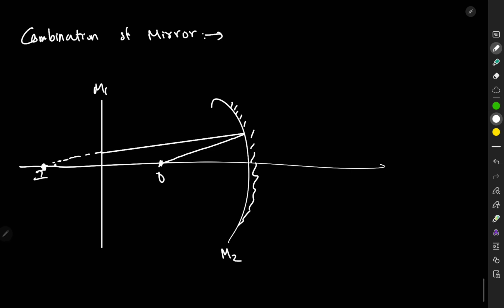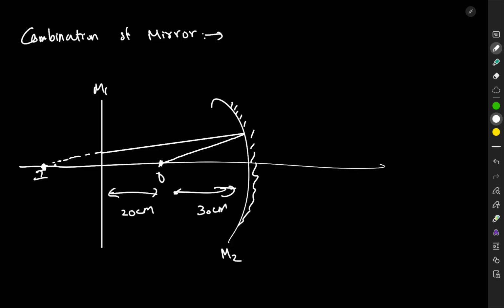Let's say this is 20 centimeter and this is 30 centimeter. So this is a ray diagram of this concept.